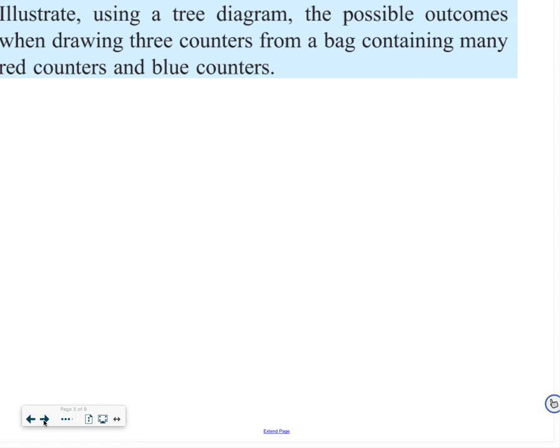So if we're trying to illustrate using a tree diagram the possible outcomes when drawing three counters from a bag containing many red counters and blue counters, because I'm drawing three counters, I'm going to have three levels of branches. The first counter I pick, I could get a red, or I could get a blue.